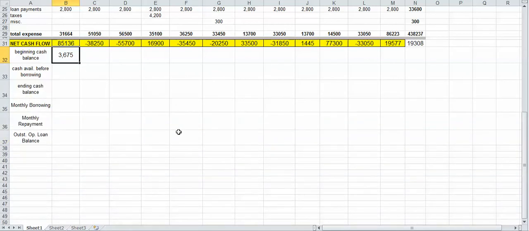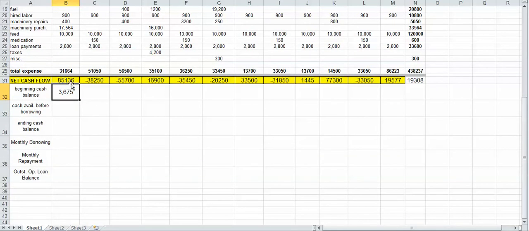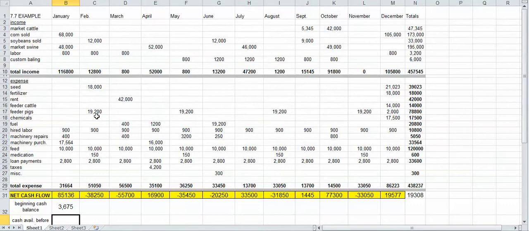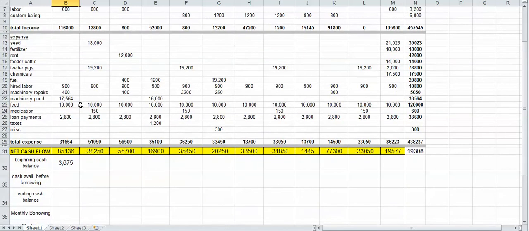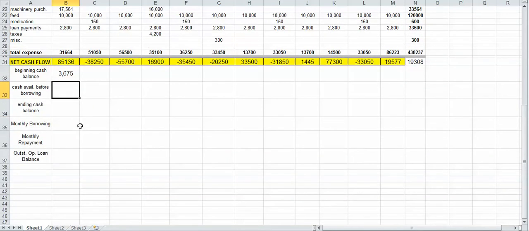Our beginning cash balance is $3,675. Now, for whatever reason, we have a big cash inflow in January. It looks like we sell a lot of corn and swine, market pigs, in January. We do have some expenses like some machinery purchases, etc.